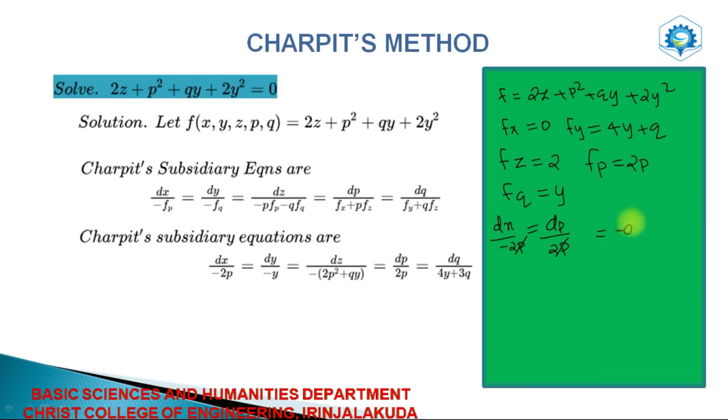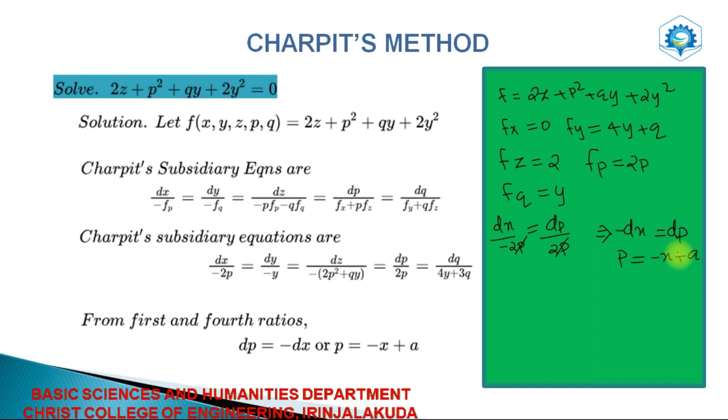So we get minus dx equal to dp. On integration we get p equal to minus x plus a constant a. So from the first and fourth fractions we have p equal to a minus x.